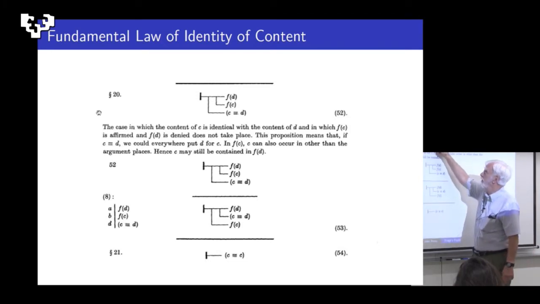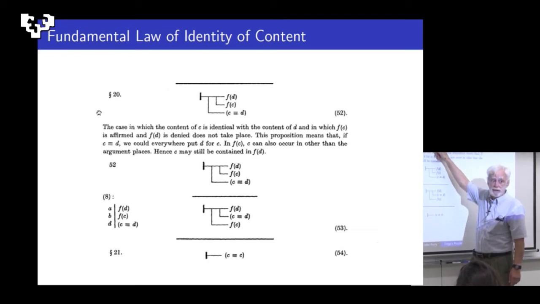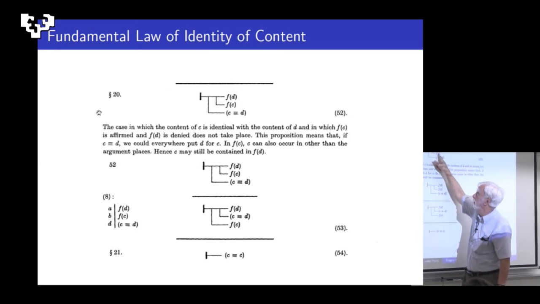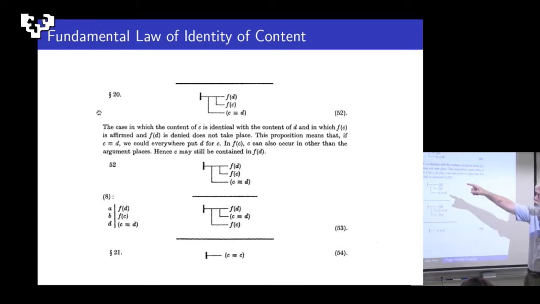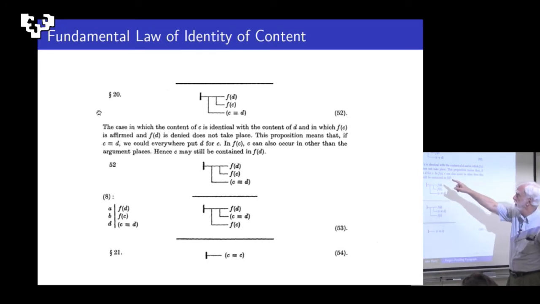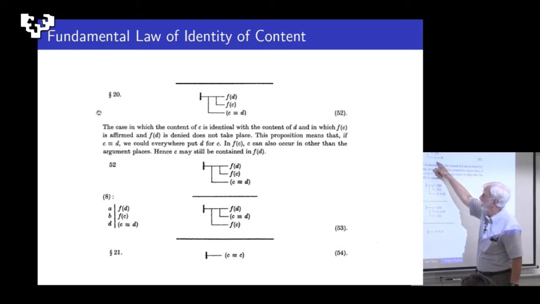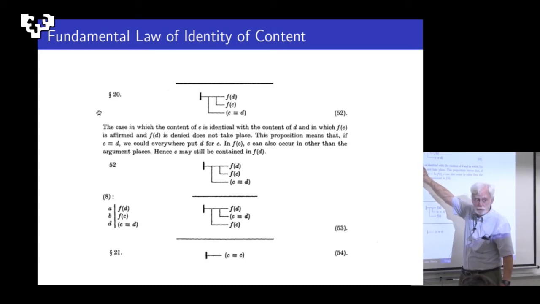So this says, if C has a 3-bar relation to D, the relation of co-reference or sameness of content, and in addition, if C has property F, or however you want to say that, then D has property F. Then his explanation, you can see, in the case in which content of C is identical with the content of D. So you have this whole phrase, the content of C, that refers to what C stands for.